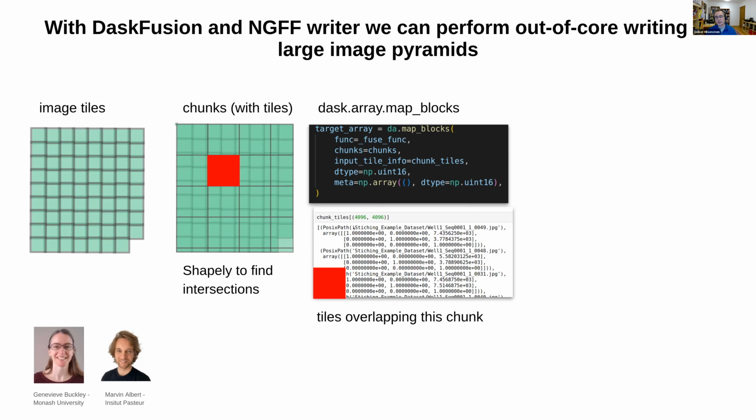And then for each of these chunks, we have a list of, here in this example, it's file names, but now it's indices into a dask array with their respective affine transforms. And the fuse function doesn't do any more than basically loading the tiles that are specified and placing them within an individual chunk and blending them.